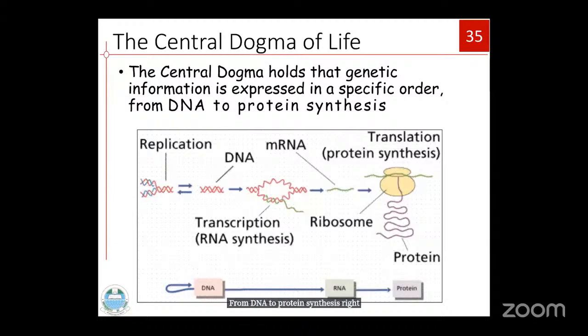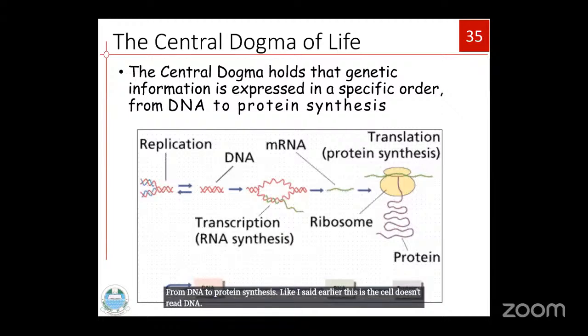Like I said earlier, the cell doesn't read DNA. What it understands is protein. The language understood by the cell is protein. So there is transmission of information from the genetic elements, DNA, to RNA, to protein.